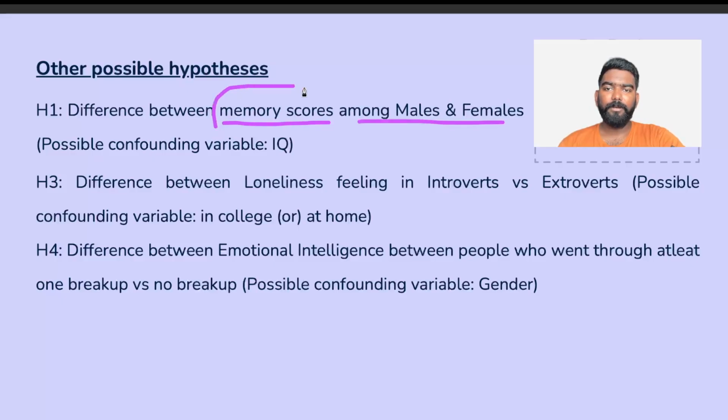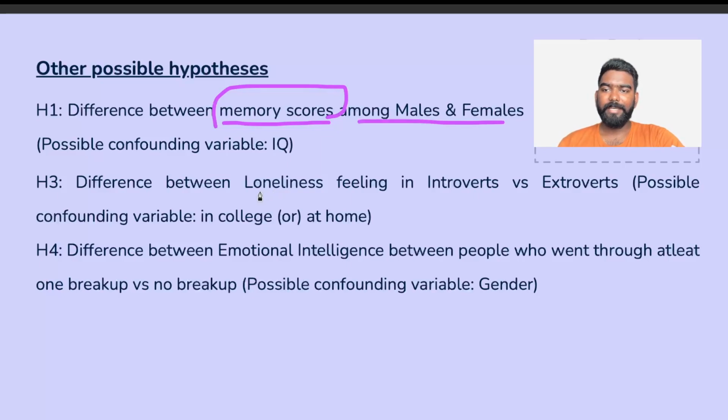Obviously it will confound your study, right? Your memory scores will increase for males and decrease for females, or vice versa. Then what we will do is administer the same IQ test to males and females, and take participants such that both the male and female groups have the same IQ levels.